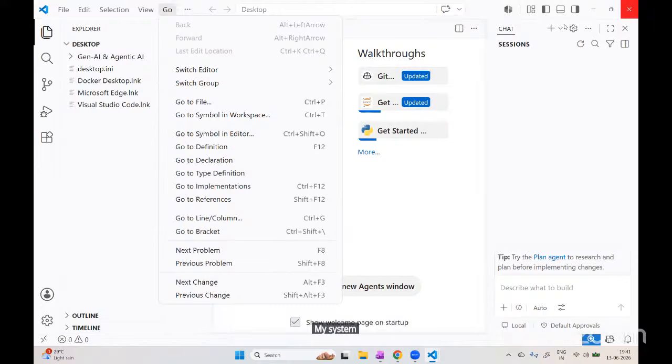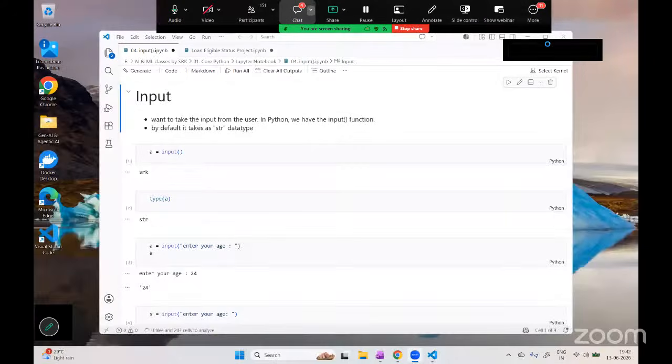My system has got hang. This is special effect. Till now, it was working, suddenly it has shifted.